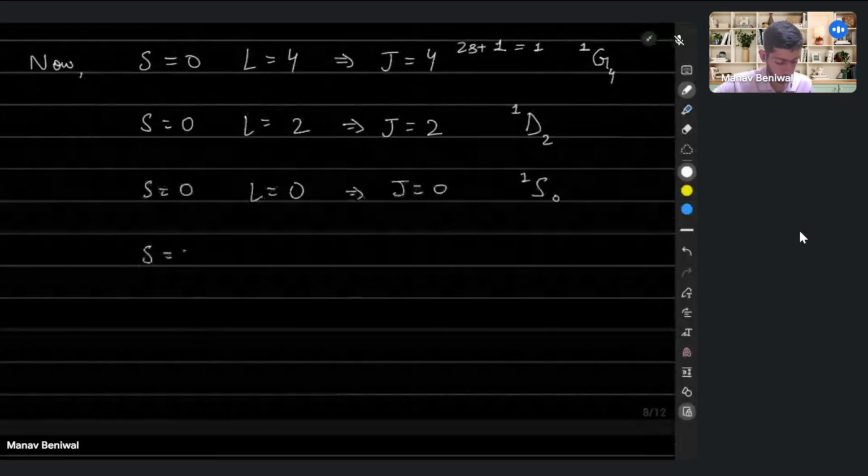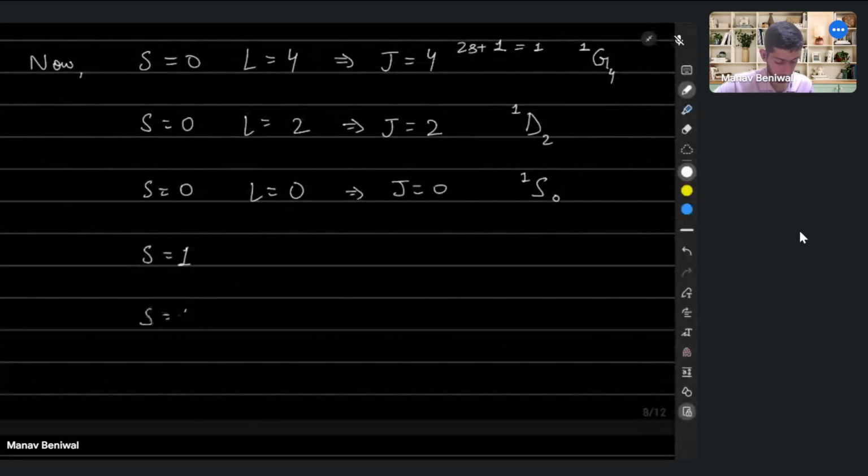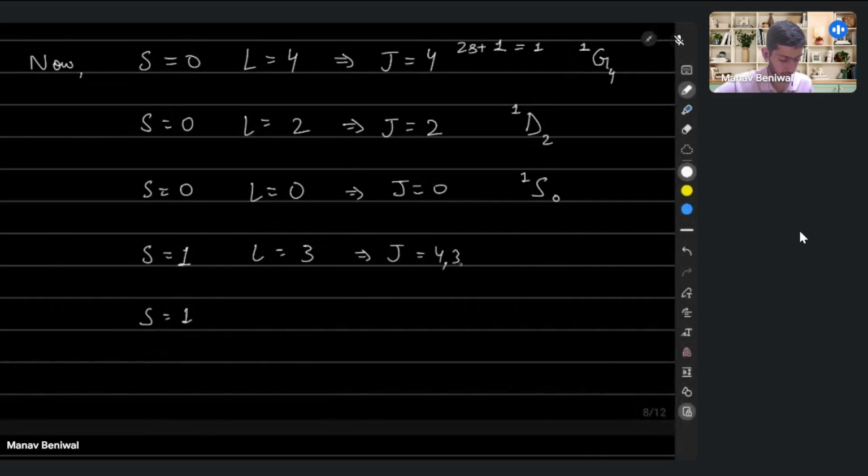If S equals 1 and L equals 3, then J can have values 4, 3, 2.